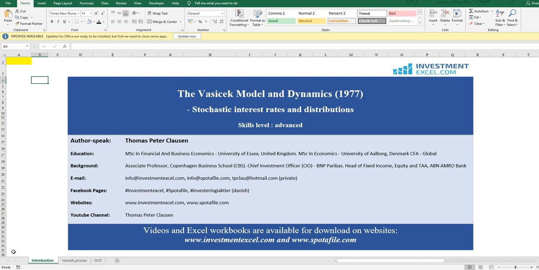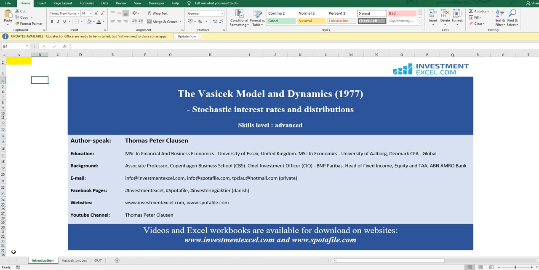I'm representing investmentexcel.com in this presentation of the basic building blocks of the Vasicek model, or perhaps more rightly, the Vasicek model dynamics.